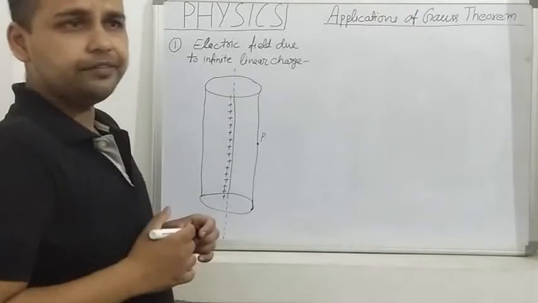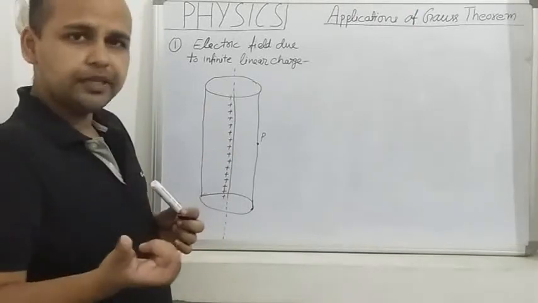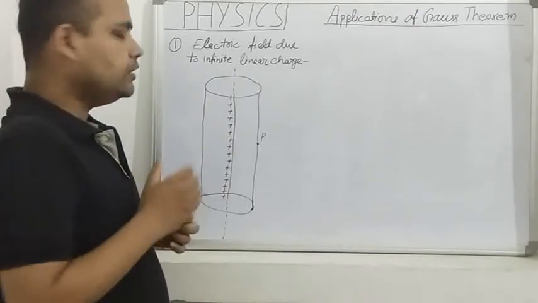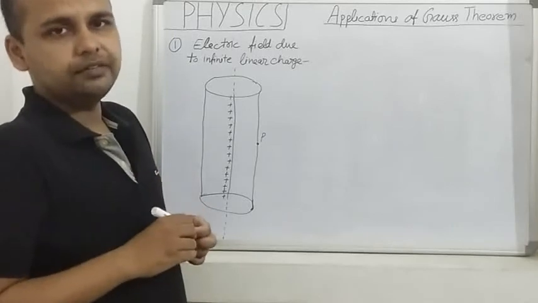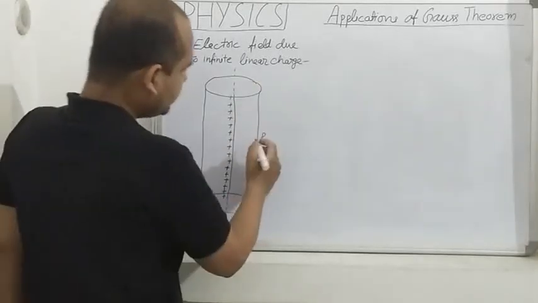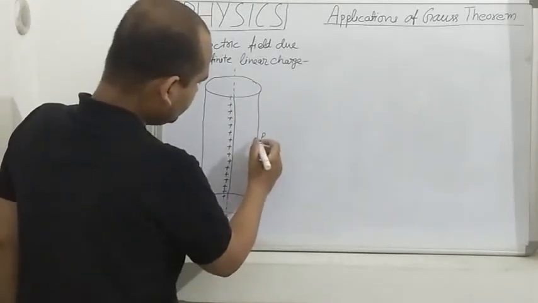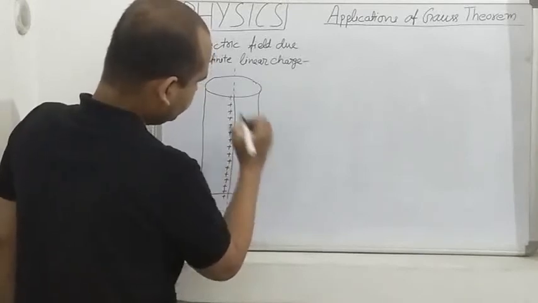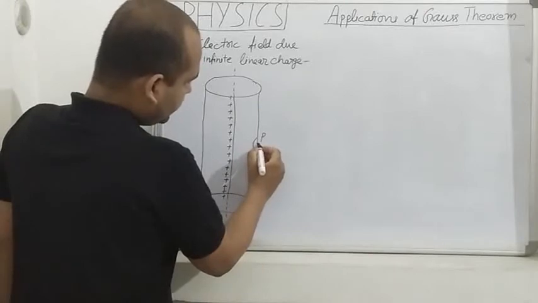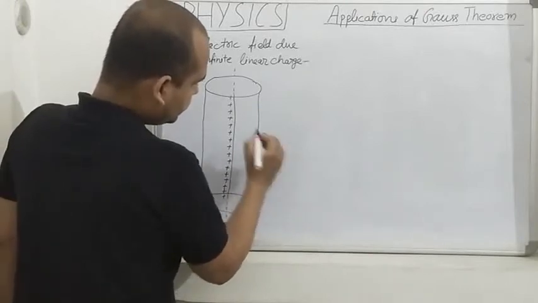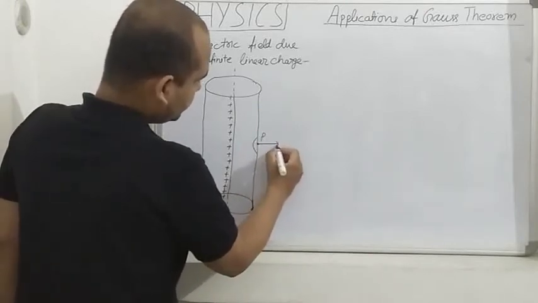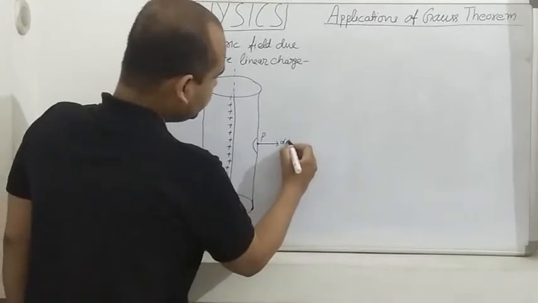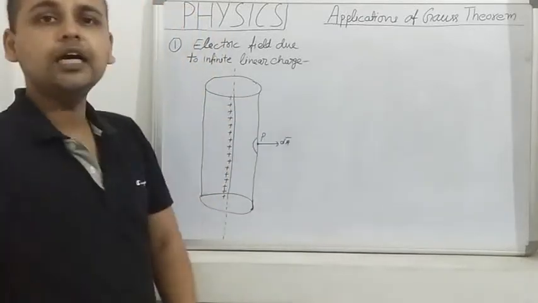Again we will take a small element of this Gaussian surface and find the area vector. The area vector of this small element is dA, which will be radially outward.